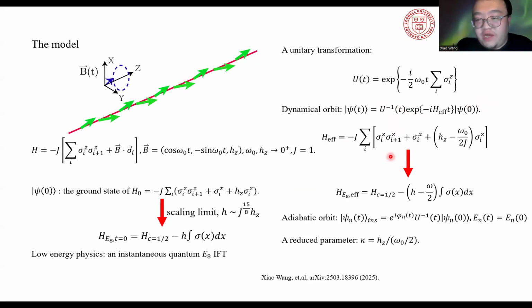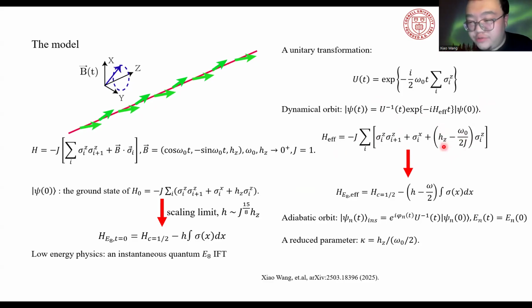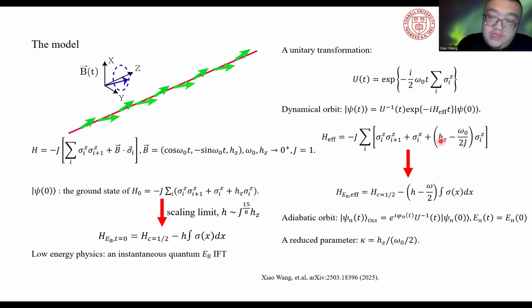In the effective Hamiltonian, the longitudinal field is modified from Hz to Hz minus omega 0 over 2. If Hz is not equal to omega 0 over 2, then this is just another, different quantum yet integrable field theory in the low energy, IR limit.